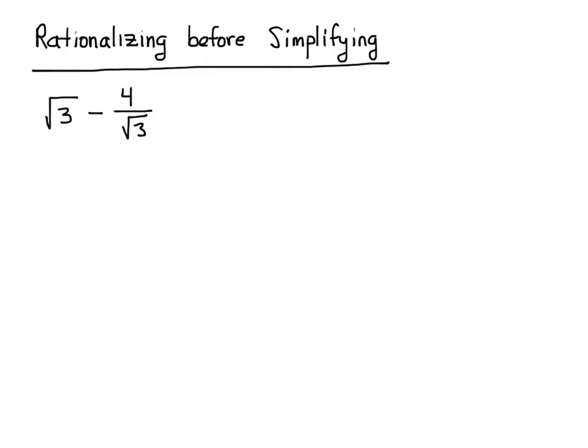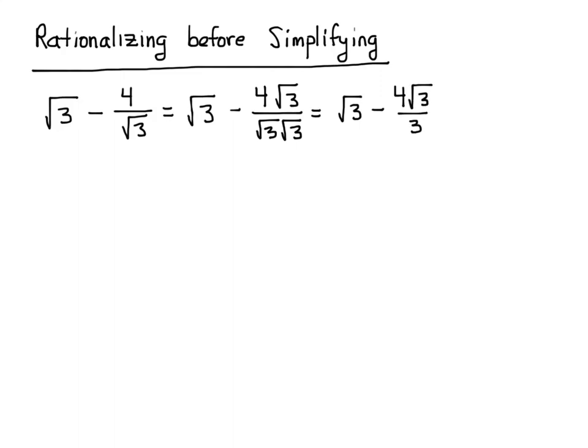And this is probably one of the most compelling reasons why you want to rationalize. So if you rationalize this, you take that second term and multiply it by the square root of 3 over the square root of 3, we would get 4 times the square root of 3 over 3. Now, I know sometimes envisioning what's happening with these fractions can be difficult, but when you have an expression like this, where I'm going to say just part of this, 4 times the square root of 3 over 3, that's exactly the same thing as 4/3 times the square root of 3, right?